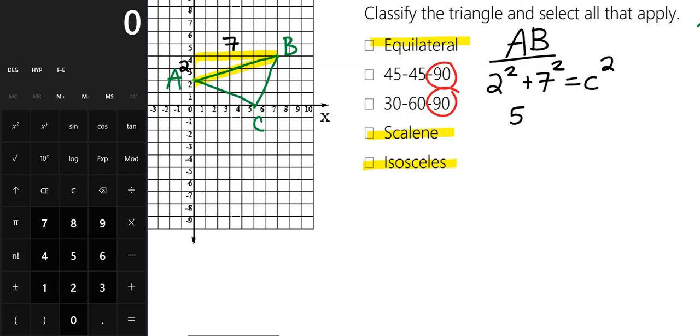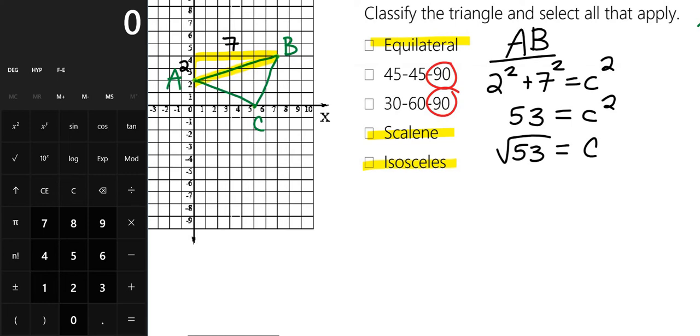We get 53 equals C squared. Square root both sides, and the square root of 53 equals C. I don't need a calculator. I'm going to keep it just like that and compare the other 2 side lengths.